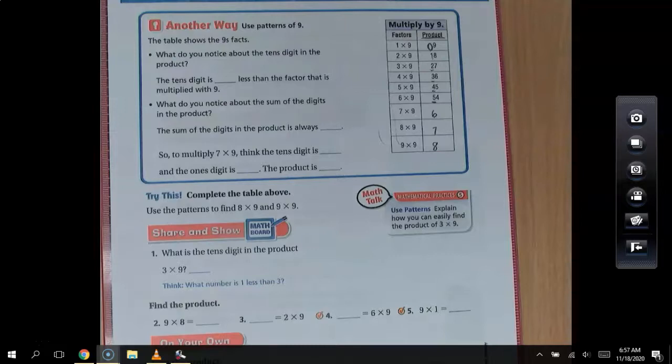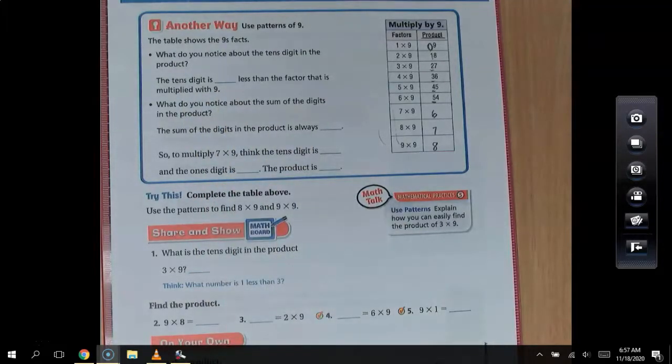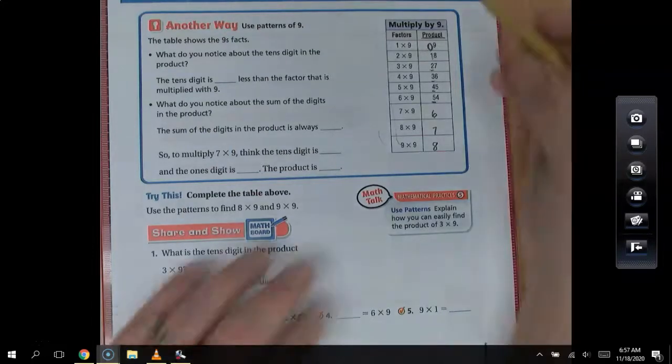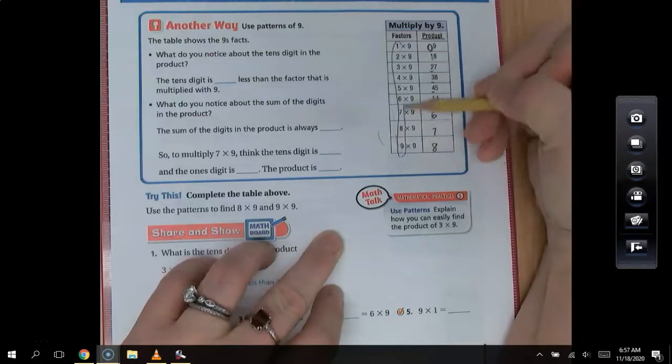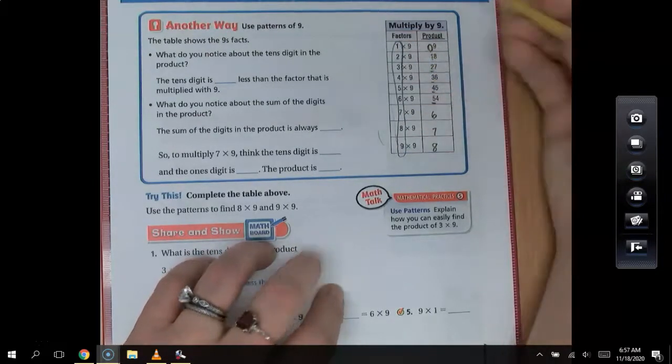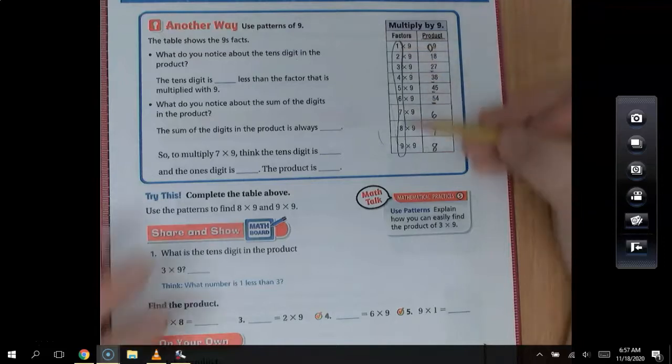Now, what do you notice? The tens digit is blank less than the factor that is multiplied by 9. Look at these factors, boys and girls. We know we're already multiplying by 9, so 9 is one of my factors. But look at the other factors.